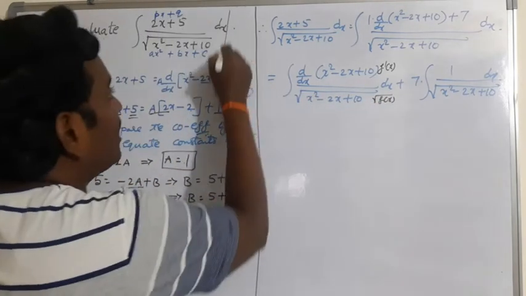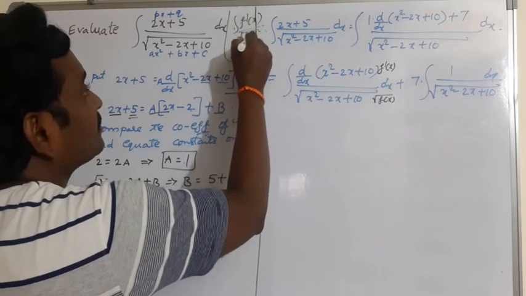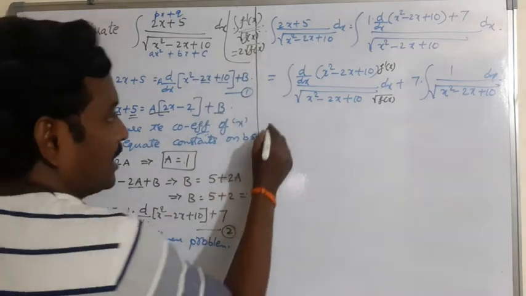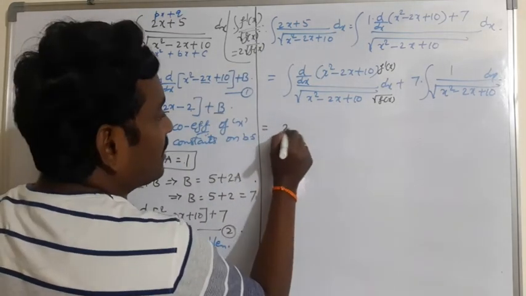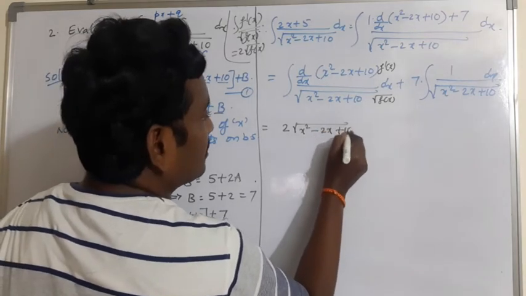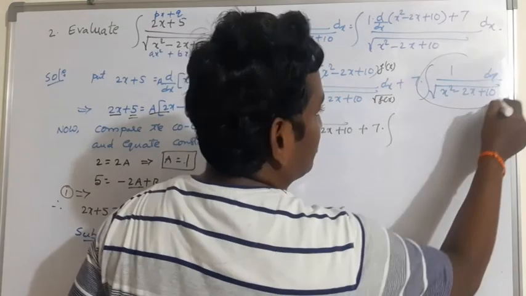What is the formula for integration of f dash of x by root over f of x? Simple, 2 root f of x. According to this formula, it becomes 2 root over x square minus 2x plus 10, plus 7 into, what about the second part?